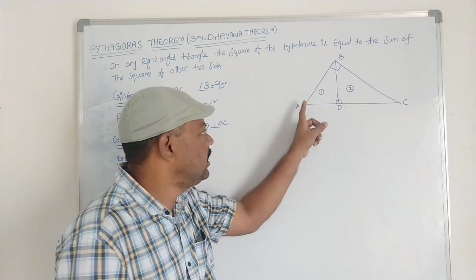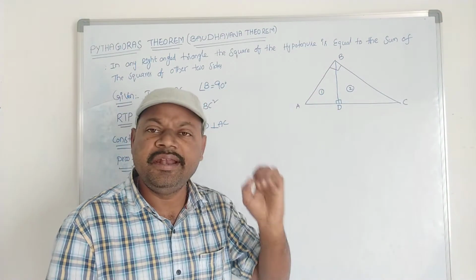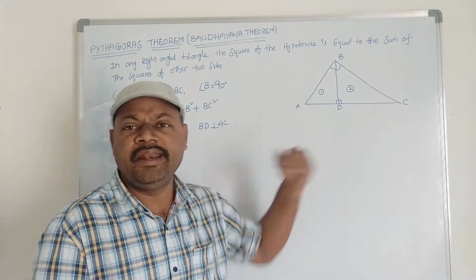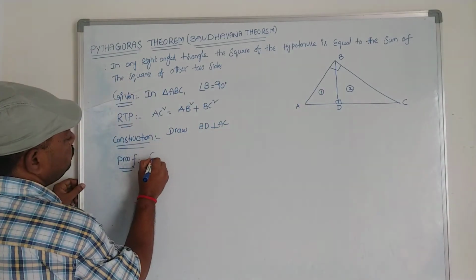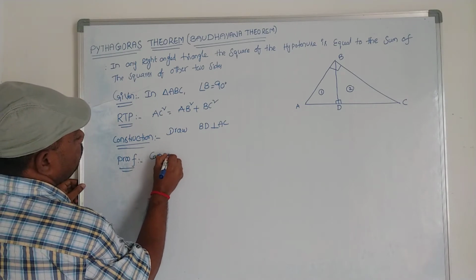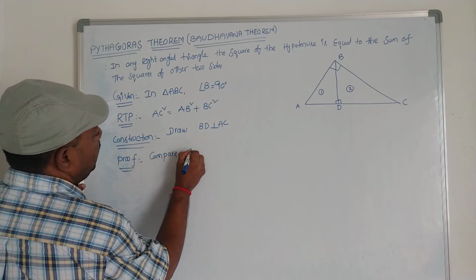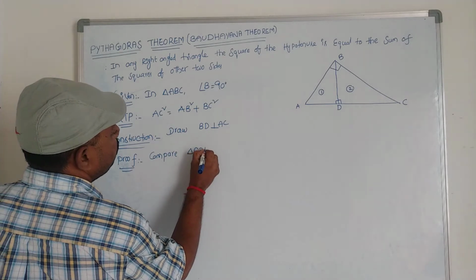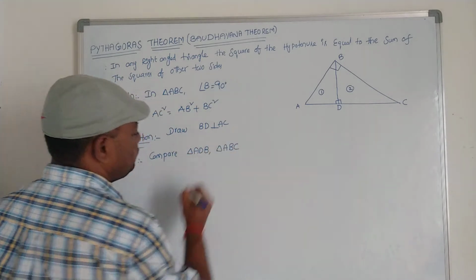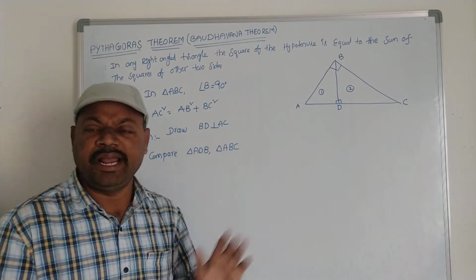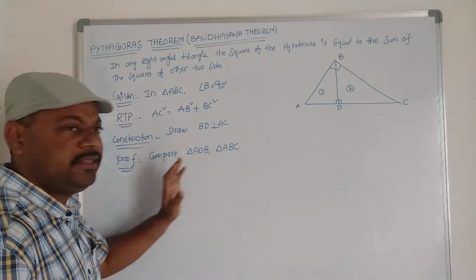The first half triangle is triangle ADB and the whole triangle is triangle ABC. Compare these two triangles.